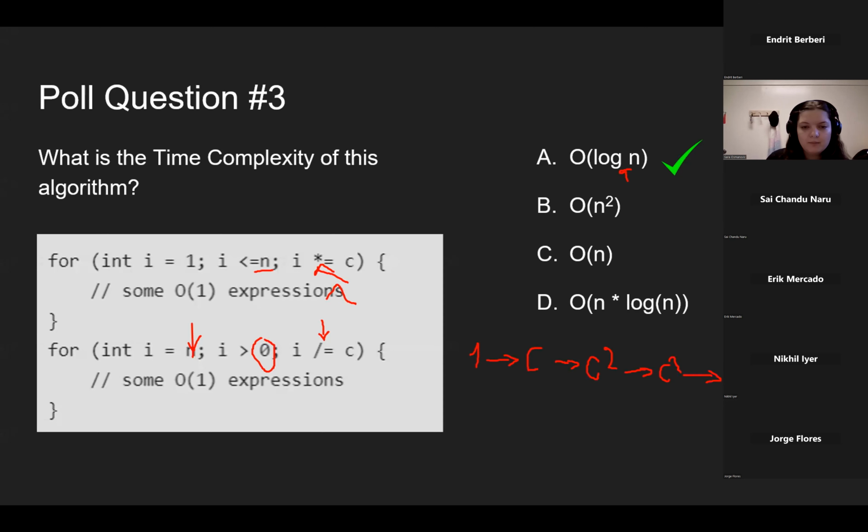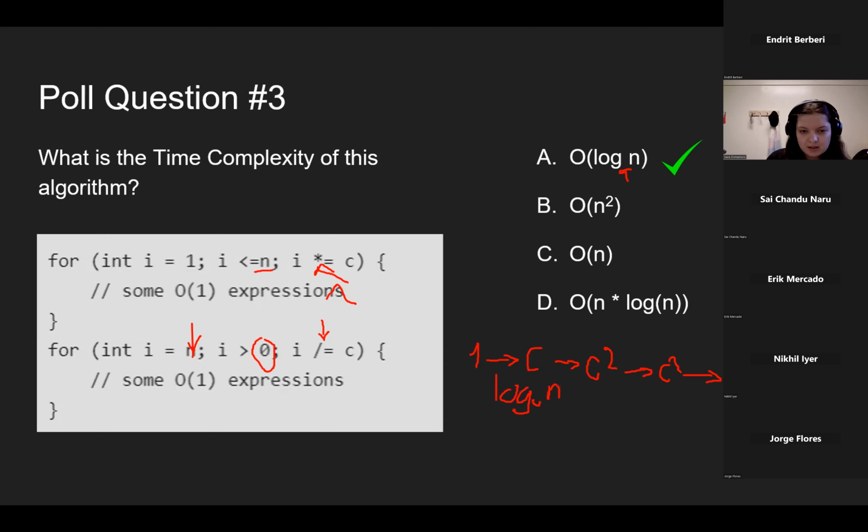And you're going to reach n, or some power of c that is really close to n but higher than n, in log base c of n.